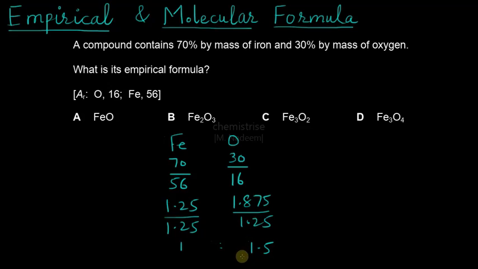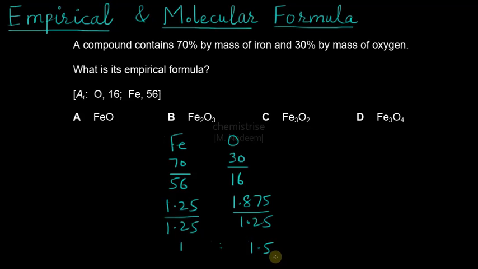Now we don't get complete numbers that we can write below the symbols to make the formula. Sometimes this happens: after the division by the smallest number, you don't get whole numbers. In this case, sometimes you get 1.33, sometimes 1.25 or 1.5. So what we have to do here is make this number 1.5 a complete whole number.